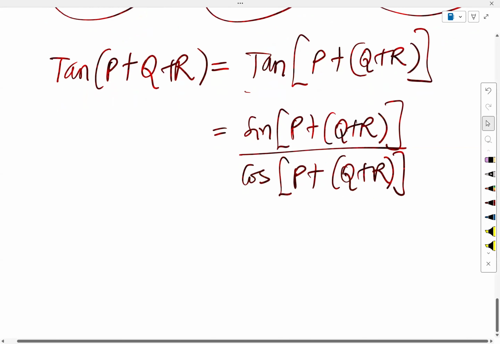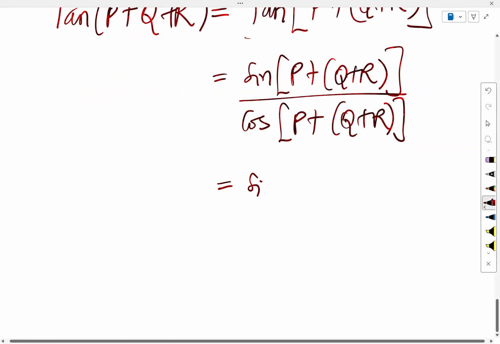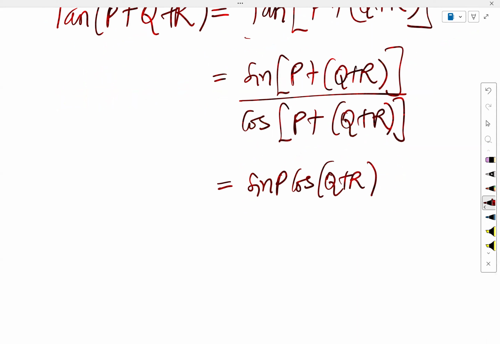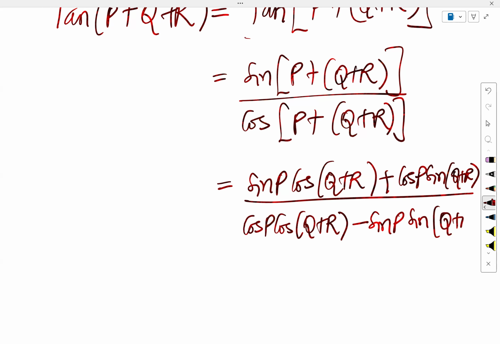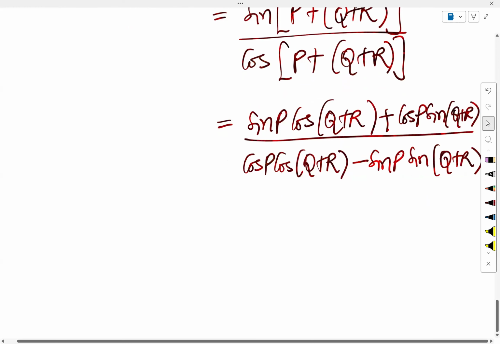So if you do it this way, the next thing we're going to have is sine P cos(Q+R) plus cos P sine(Q+R), all over cos P cos(Q+R) minus sine P sine(Q+R). So we just follow the rules we know. So this is what you have for now, right?